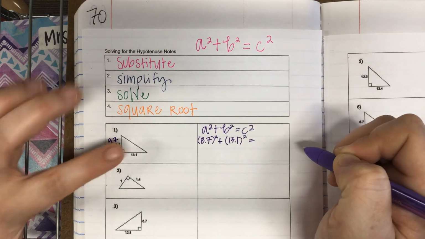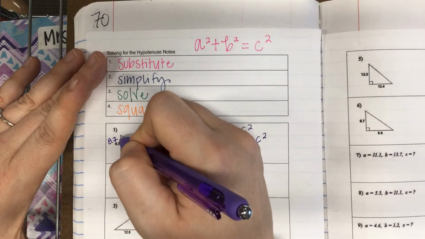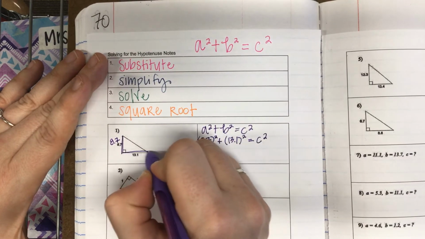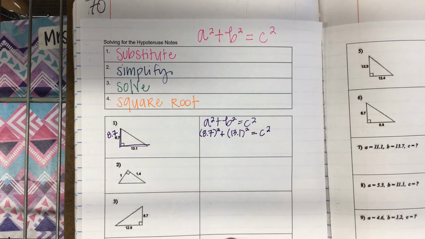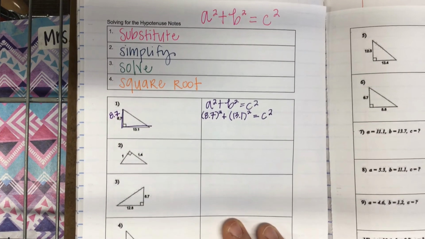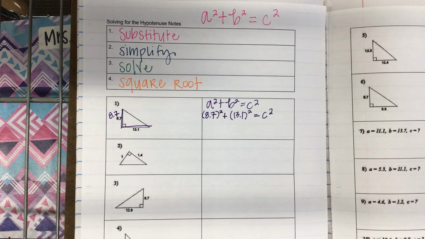Equals, and I don't know my hypotenuse. There's no number there, so I can leave it as c squared. Because again, remember, the legs make the 90-degree angle. The legs make the letter L. The legs are what make the 90-degree angle. The hypotenuse is the third diagonal long side. So number 1 was substitute.